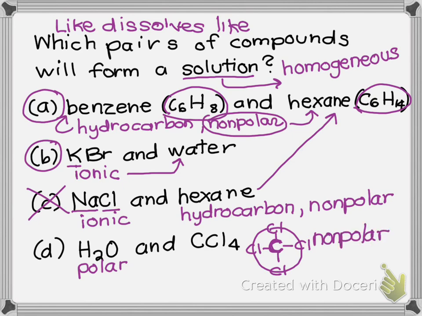So I have polar water trying to bond with nonpolar carbon tetrachloride, and that is not going to mix. It's going to form 2 layers. So if you have the question, which ones will form a solution, you need to identify how close they are in polarity, because like dissolves like.